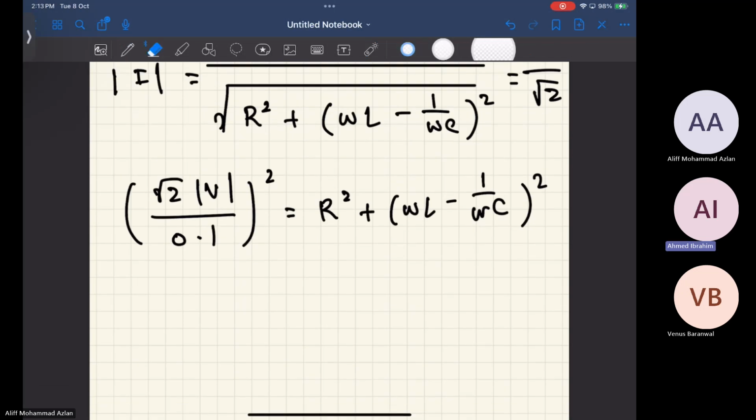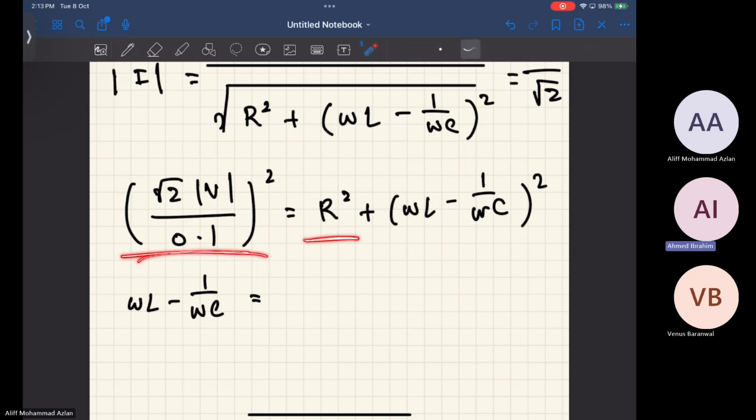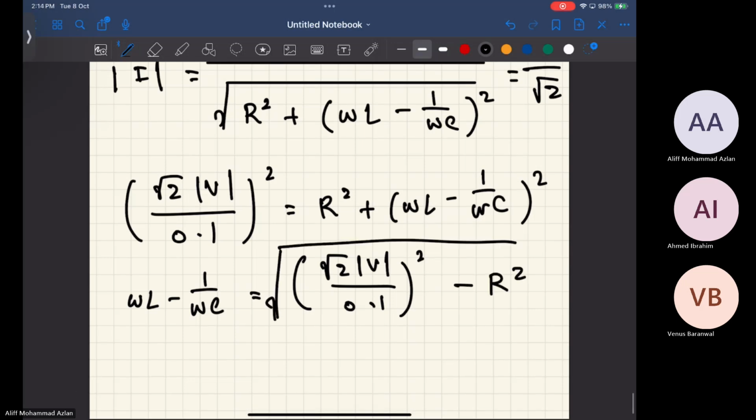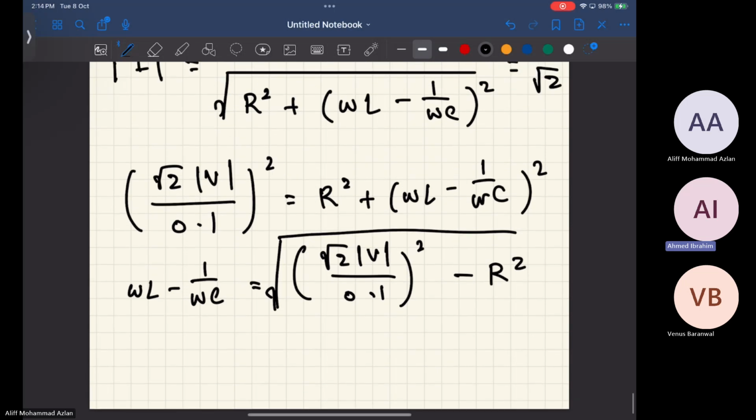So essentially, I solve omega L minus 1 over omega C is equal to this expression minus R squared all square rooted. So that's a lot faster than solving it by expanding and doing a lot of algebra.